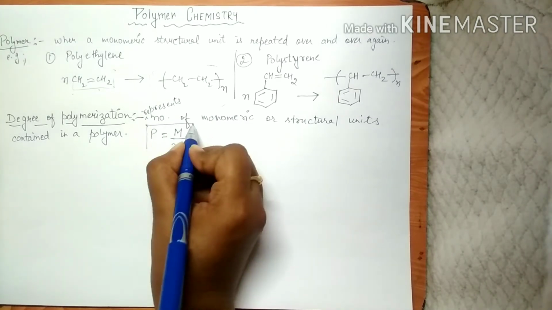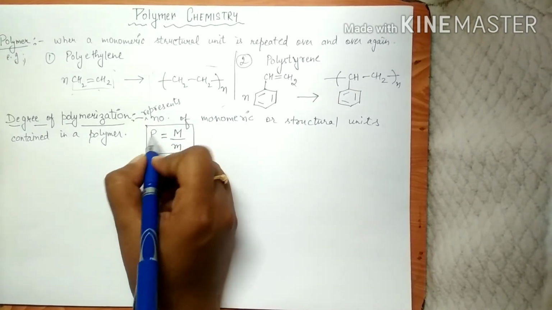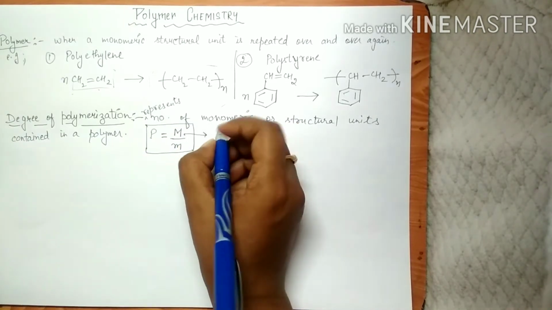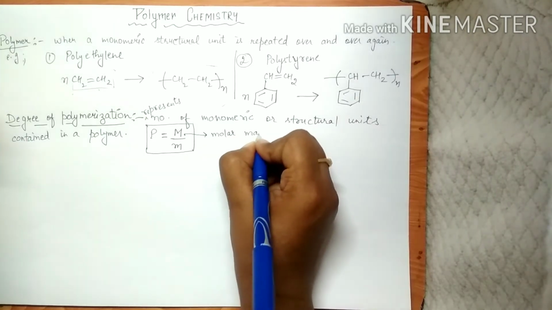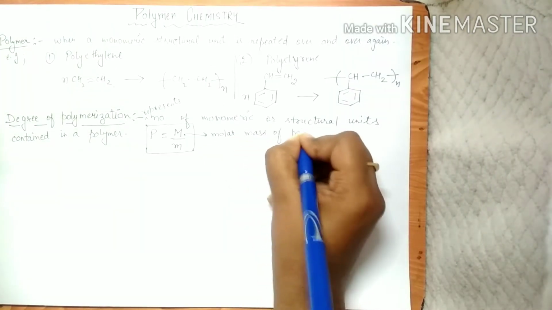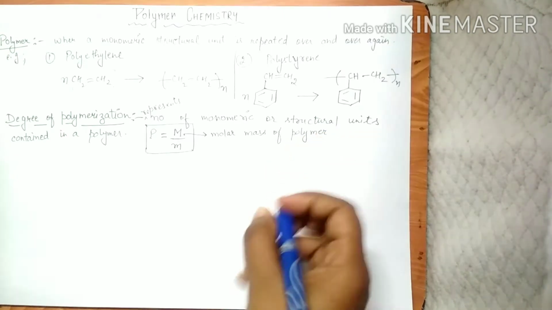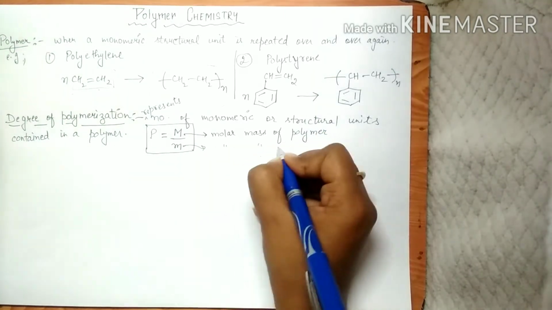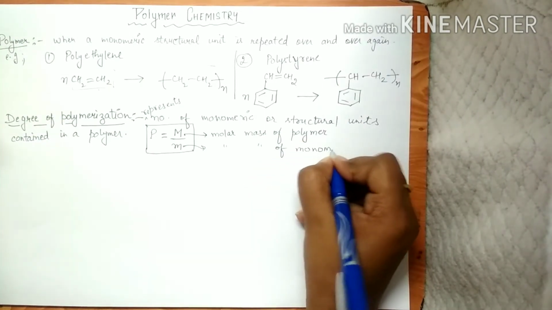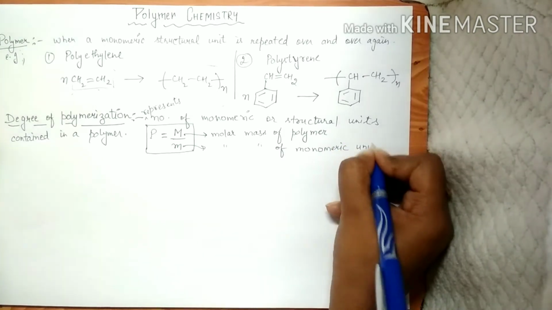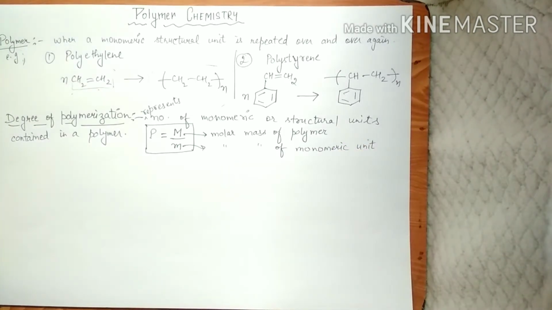Okay, this is a formula where P is your degree of polymerization, capital M is your molar mass of polymer, and small m is the molar mass of monomeric unit. Okay, so this is all about your degree of polymerization. Now we'll move on to the classification of polymers.